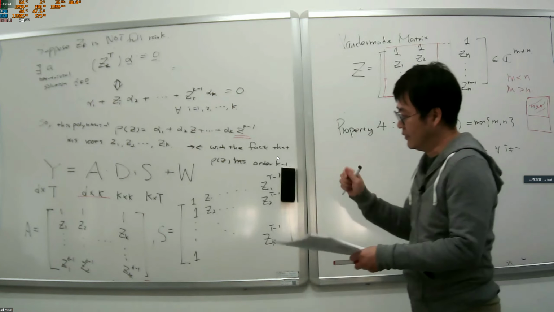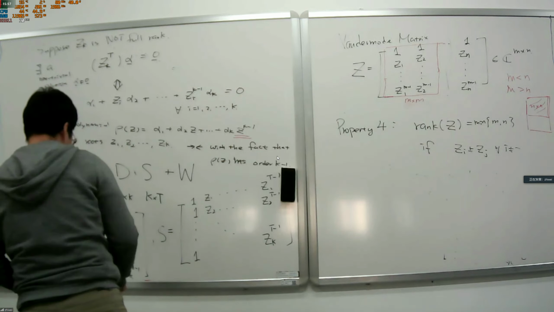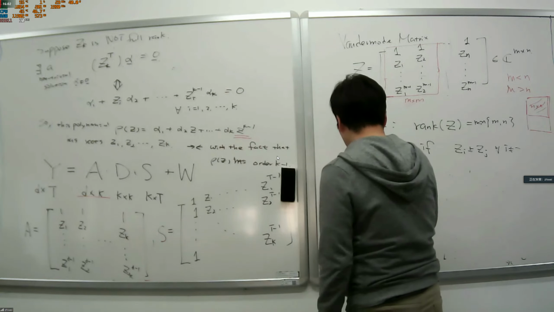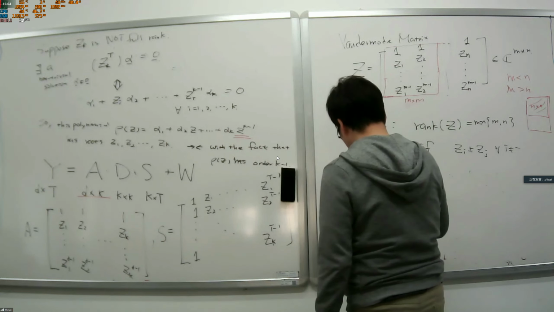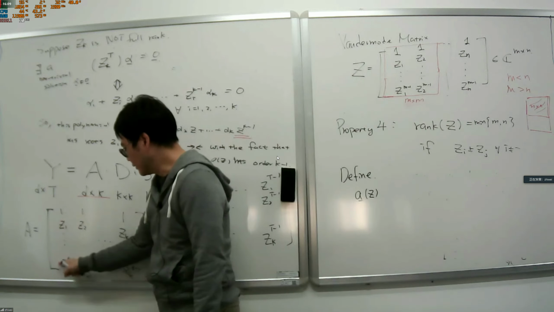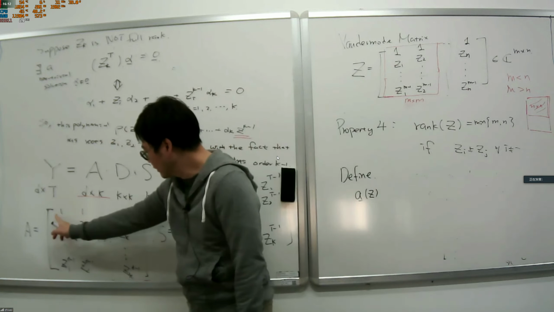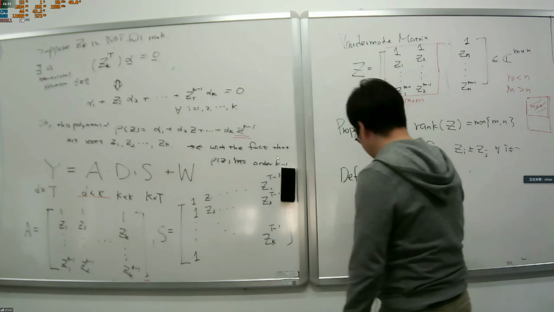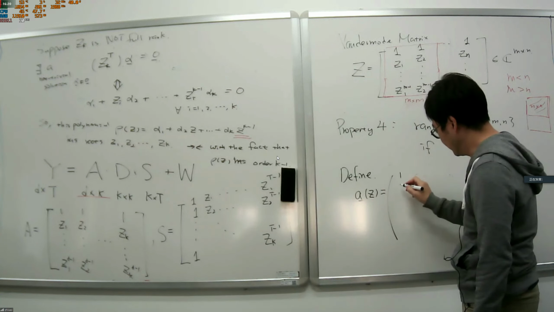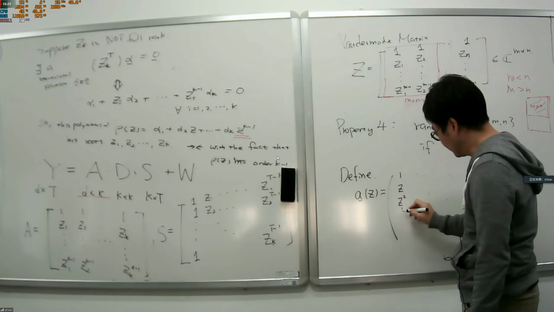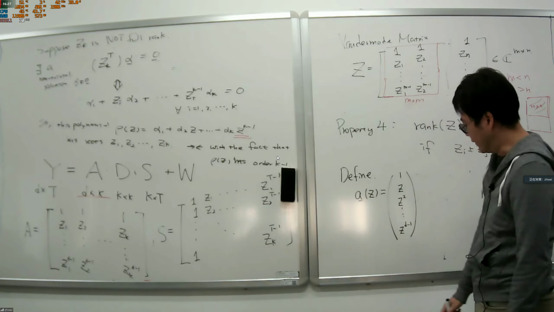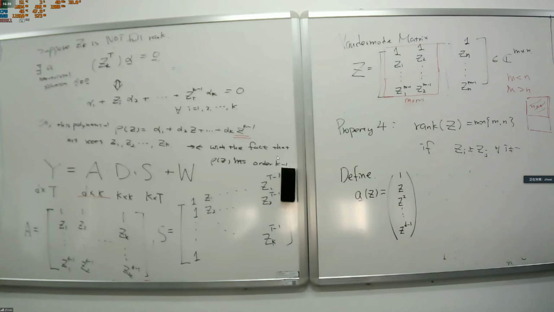Suppose we want to do a very simple search and check whether we can find z_1 to z_k. Because each column or each row has this special structure, let's define this vector a(z) as 1, z, z squared, to z to the power of D minus 1.